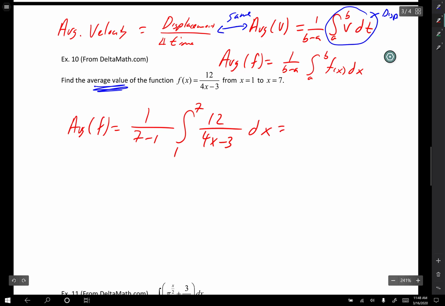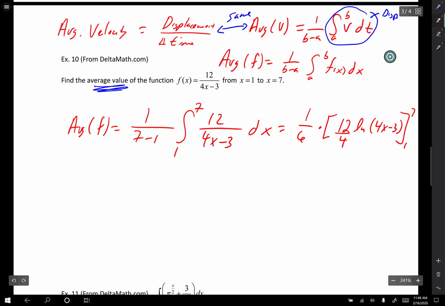So we get 1 over 6, and then times 12 ln absolute value, or you don't need it because the 1 and the 7 is always going to be positive, 4x minus 3, and then, hold on, if I were to take the derivative of ln 4x minus 3, I would be multiplying by 4, but I'm not, so I have to divide that by 4.